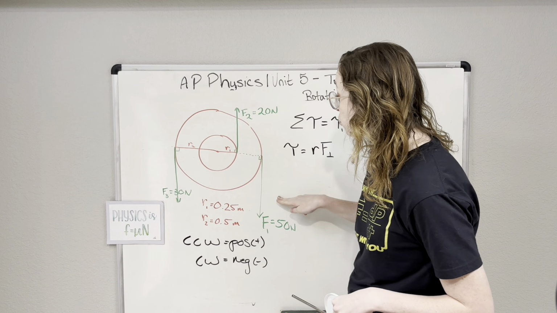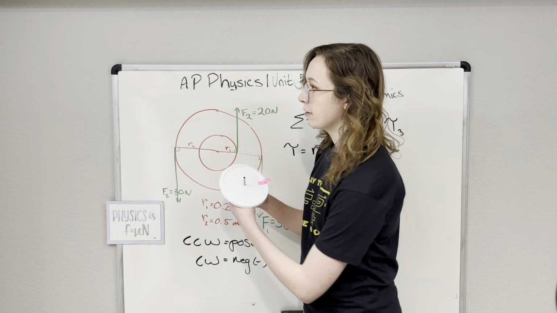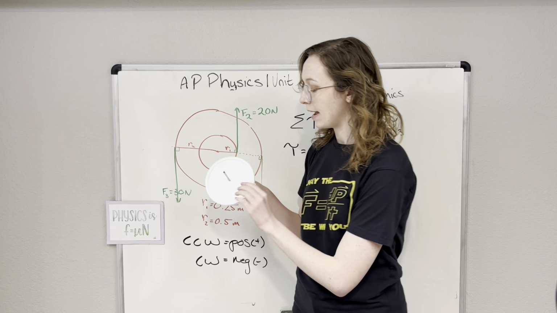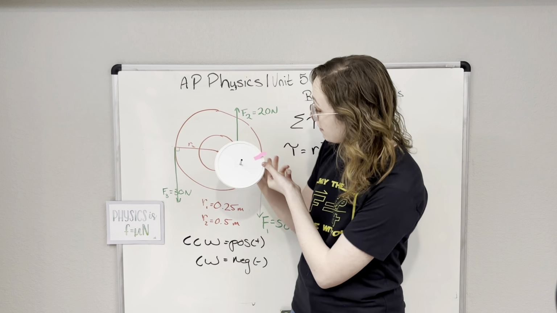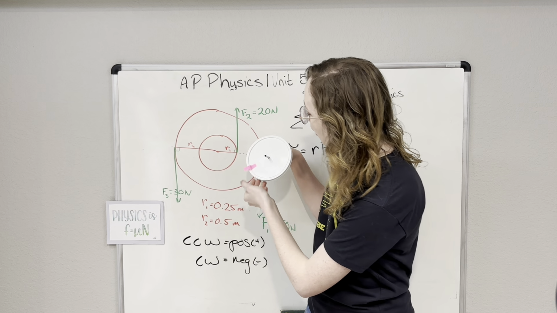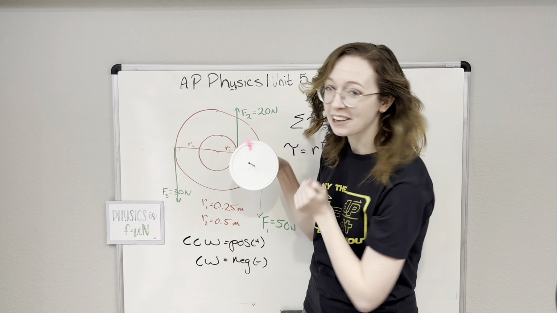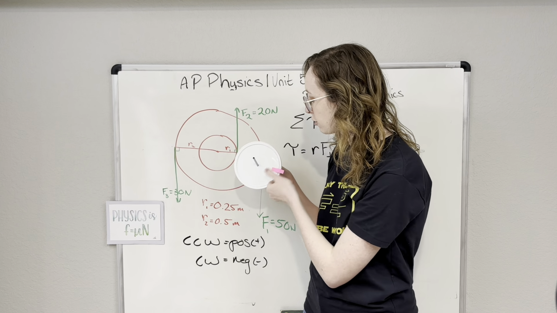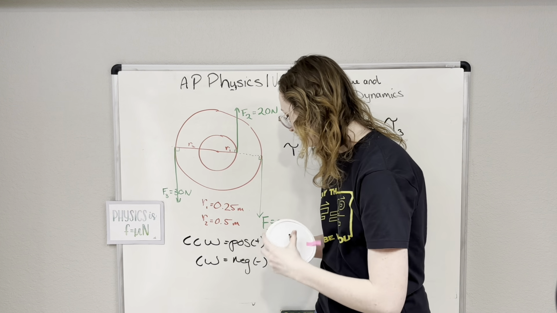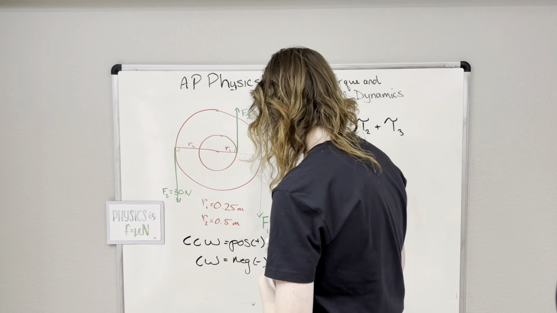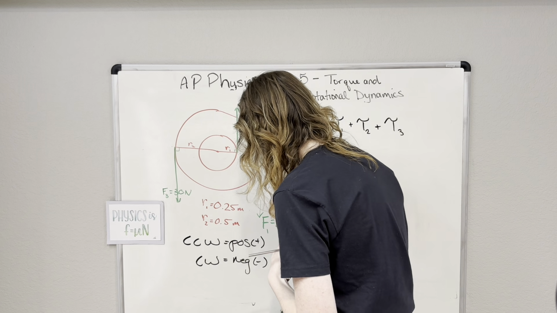So we have force 1 here that is on the right side for you guys, and it is pulling downward like so. So that is going to be causing a clockwise rotation. So force 1 is going to be pulling clockwise. I'm going to make a little note here that force 1 is negative.